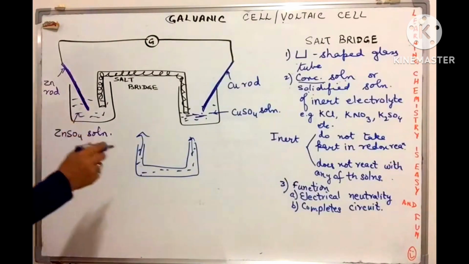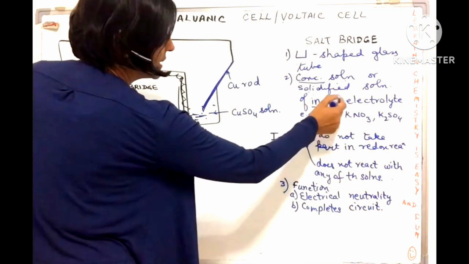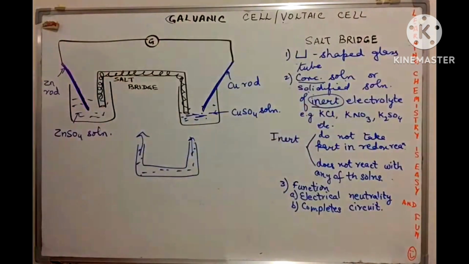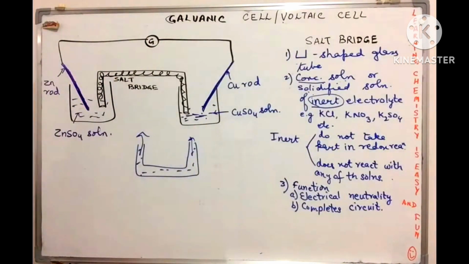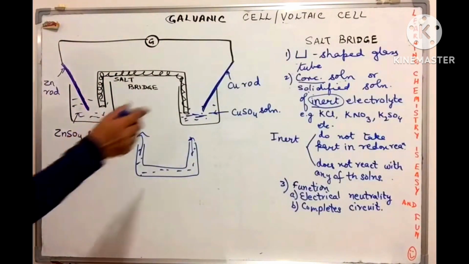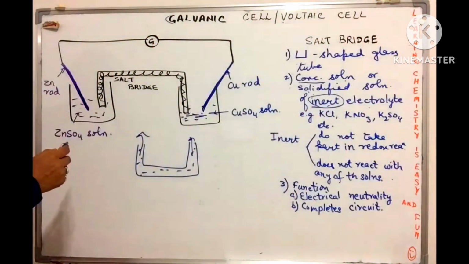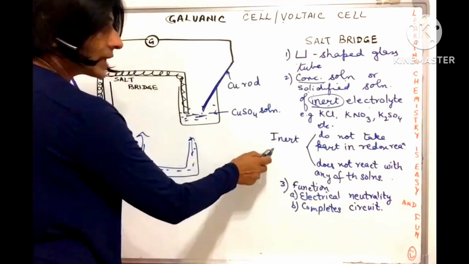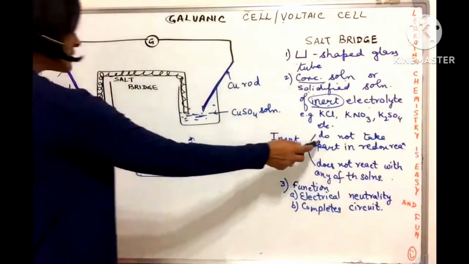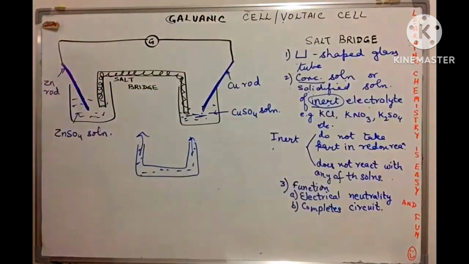The solute that we are using over here is an inert electrolyte. Now inert doesn't mean that we are using an inert gas. It's an inert electrolyte. What do we mean by an inert electrolyte? An electrolyte which itself does not take part in the redox reaction.